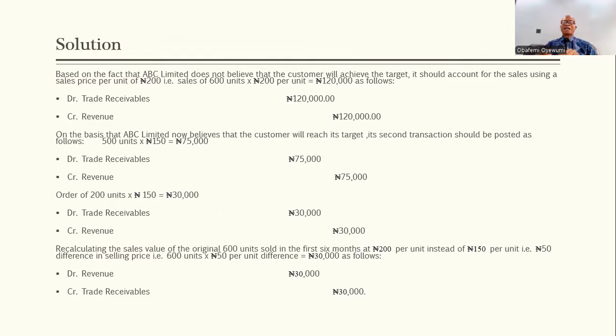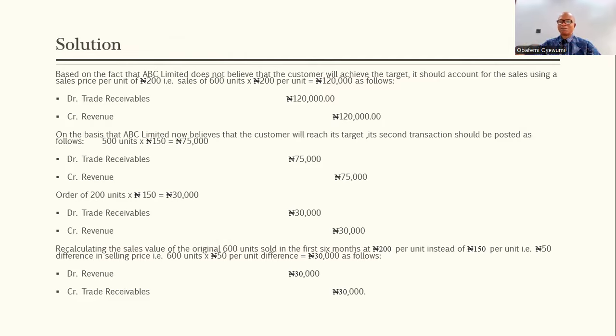But then there should now be an adjustment, because they recognized the initial 600 at the rate of 200. We look at calculating the sales value of the original 600 sold in the first 6 months at the rate of 200. There must be an adjustment to your revenue and your receivables, because that particular amount of money is no longer tenable.